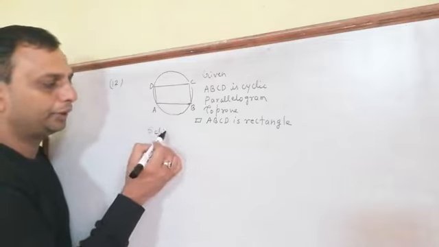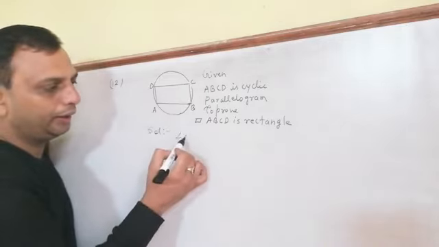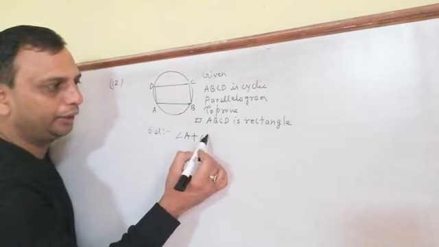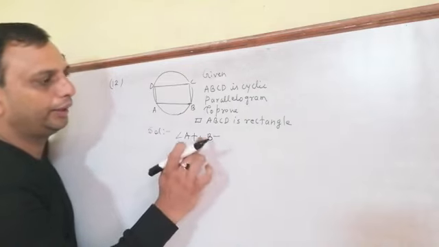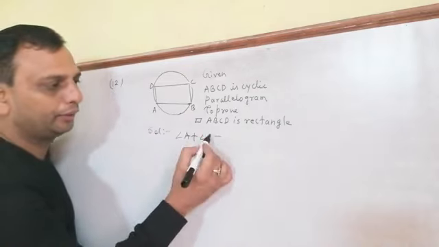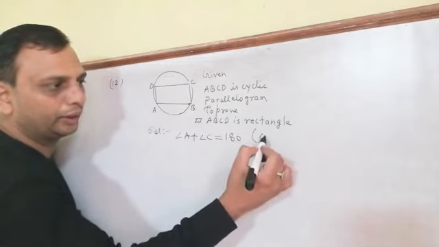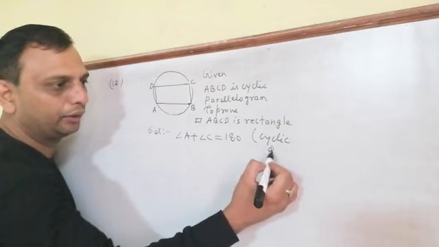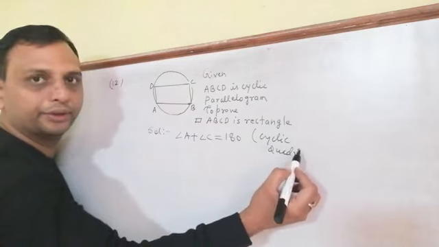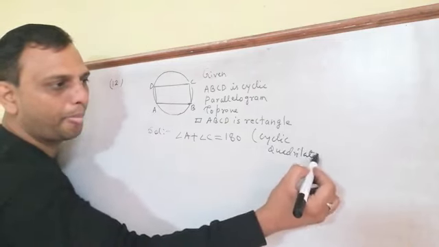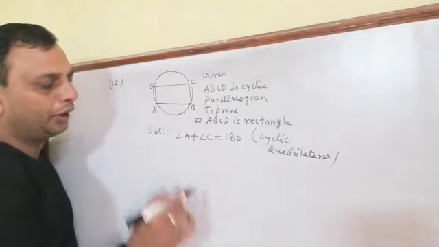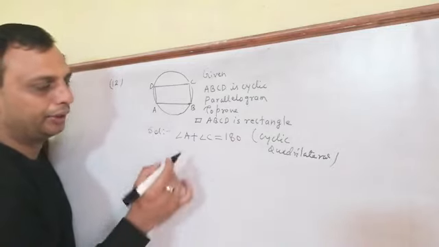So, solution part: angle A plus angle C equal to 180 degrees, because cyclic quadrilateral. You can write cyclic quadrilateral.